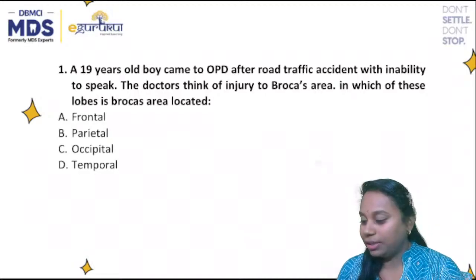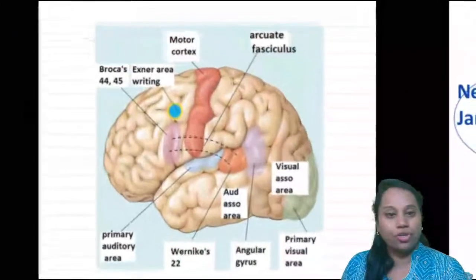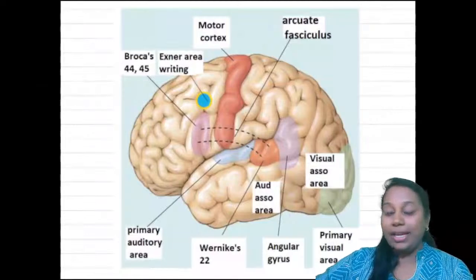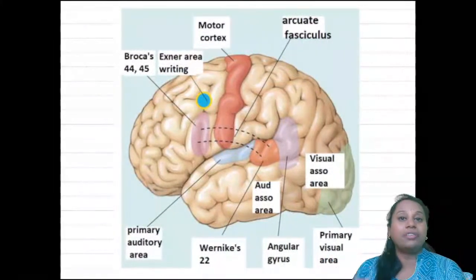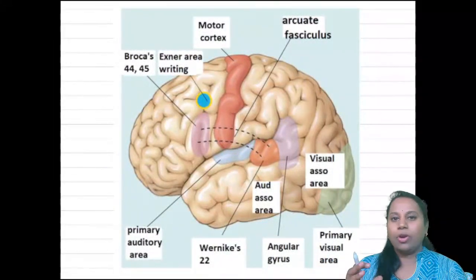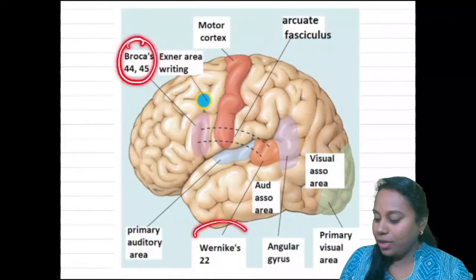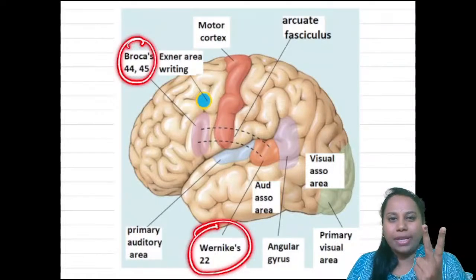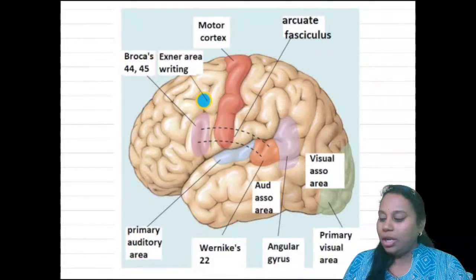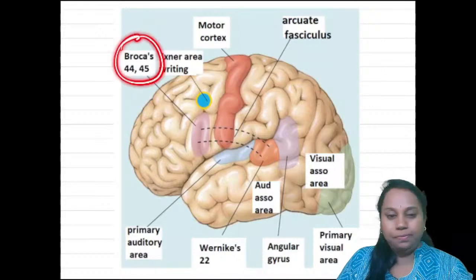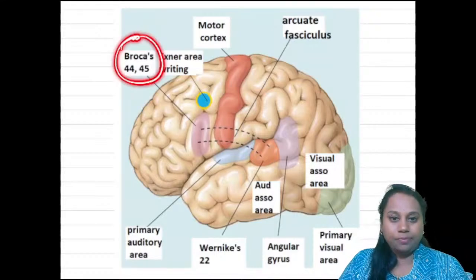So let's learn that. First, let me show you the areas for speech, or the language areas of the brain. Broca's area and Wernicke's area are the two major areas responsible for speech. Look at the location of Broca's area.